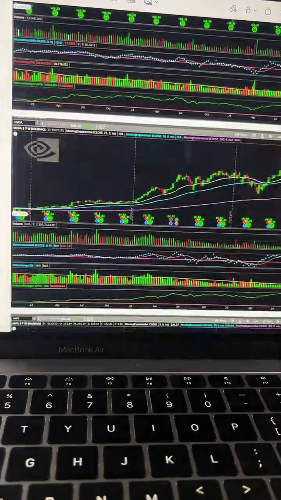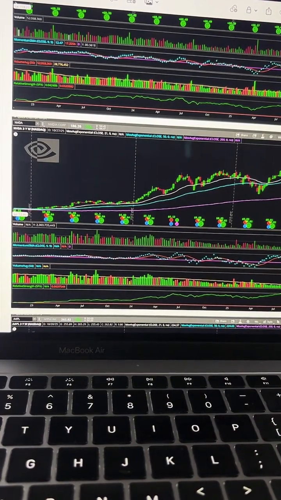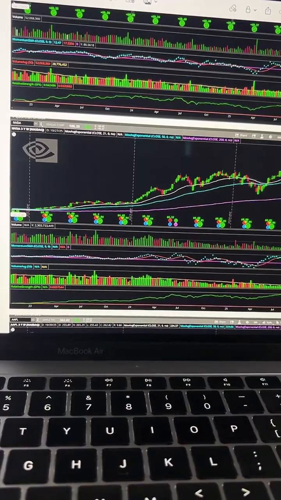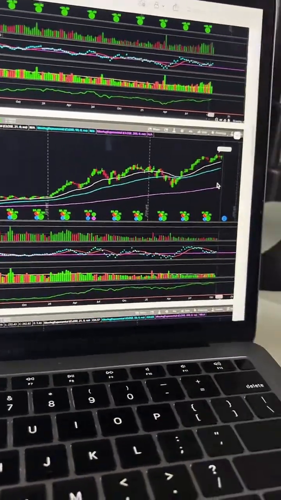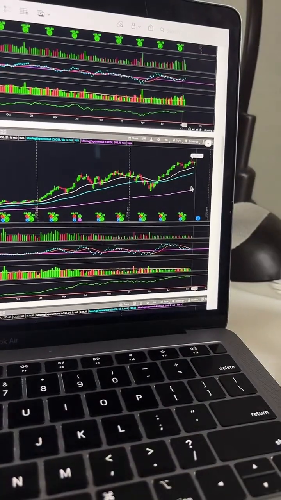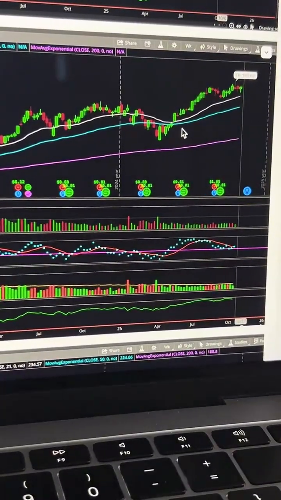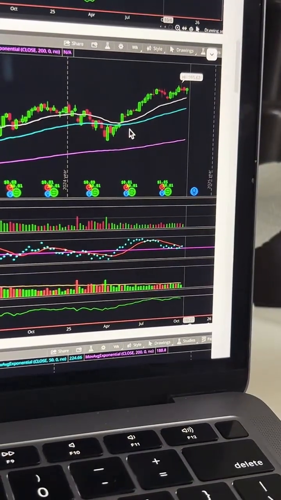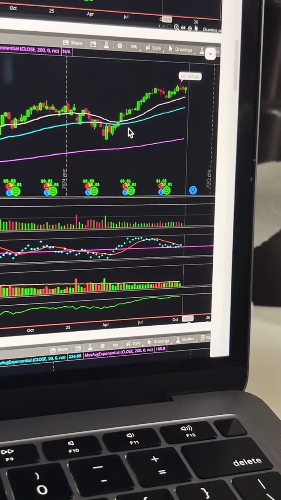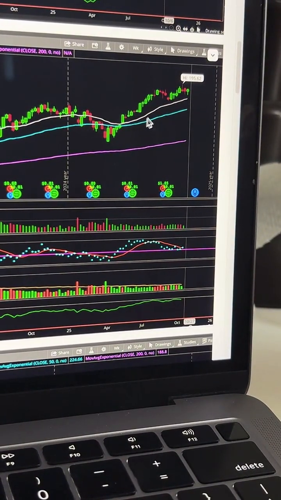Now I took a shot of NVIDIA. All of these screenshots are on the weekly for the week that just passed, okay? First of all, we can clearly see NVIDIA is in a nice uptrend. Again, your moving averages are trending the same.